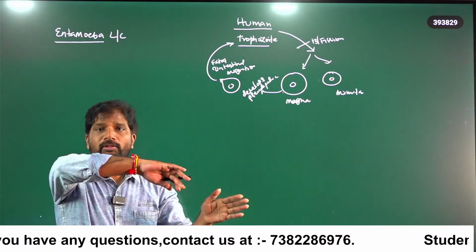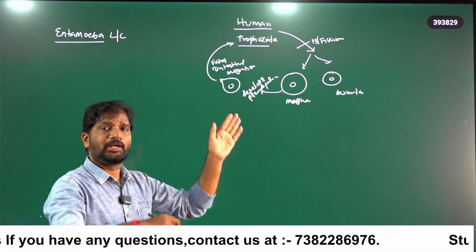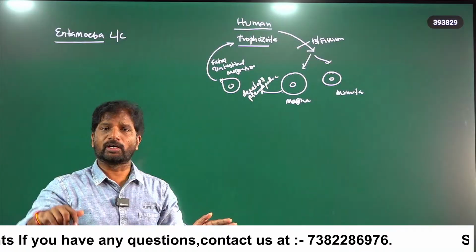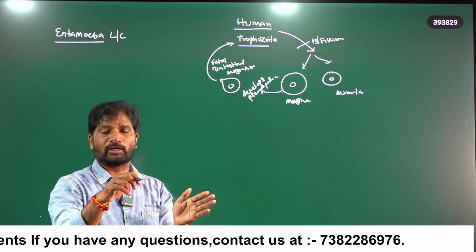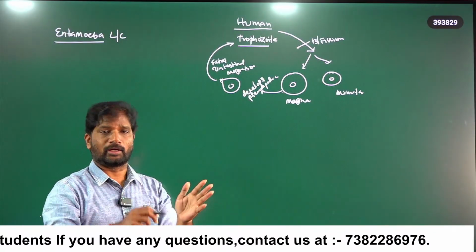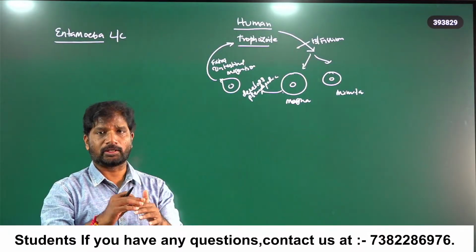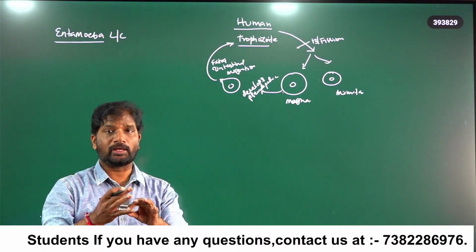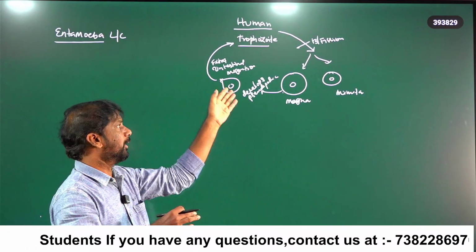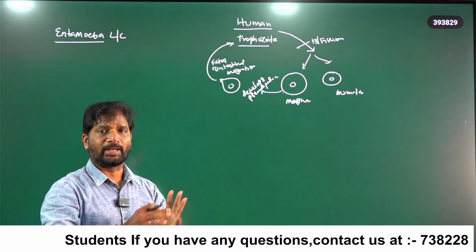So this magna form develops as a trophozoite and enters into the different organs. It leaves the large intestine and enters into the different organs: the liver, the lungs, the heart, the kidneys, the gonads, the brain. So this Entamoeba, in the form of the trophozoite, exhibits the migration.